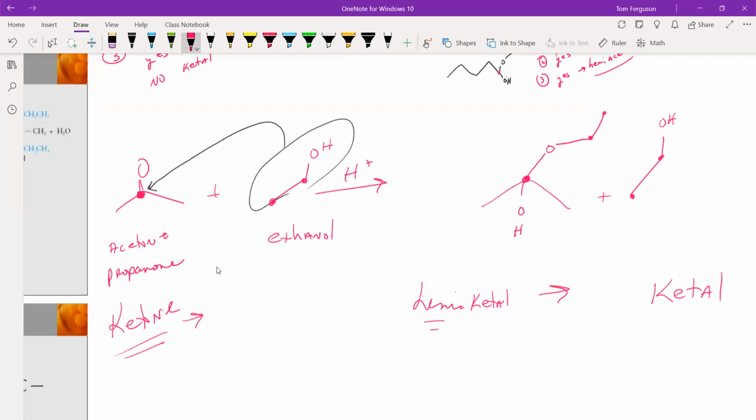With another ethanol, it's just going to stick on right there.